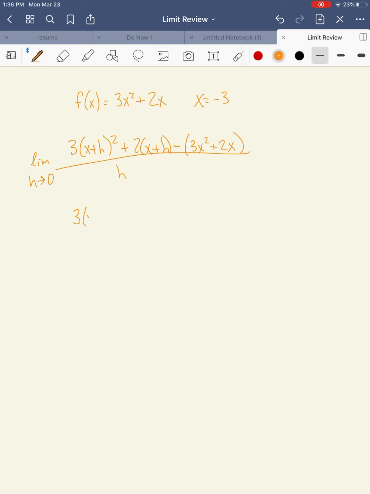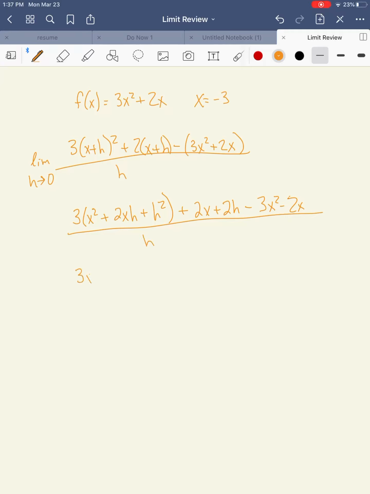We get 3 times x squared plus 2xh plus h squared. And then we have to factor the 2 in, so we get 2x plus 2h minus 3x squared minus 2x all over h.